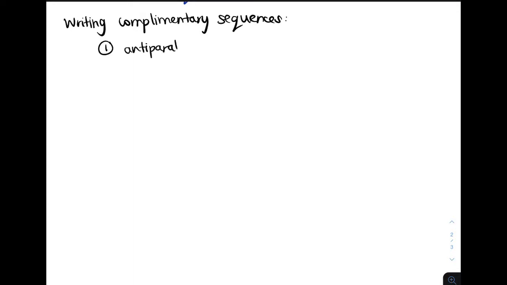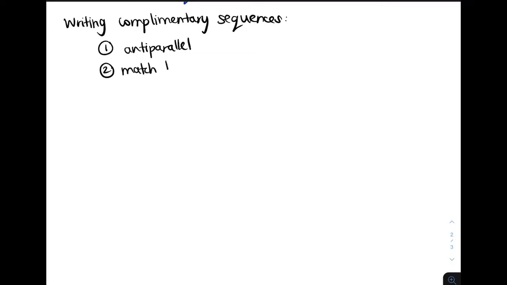Now, how would we write a complementary sequence of DNA? So the first step is to remember that DNA is antiparallel. That means that one strand goes 5' to 3' and the other strand runs 3' to 5'.